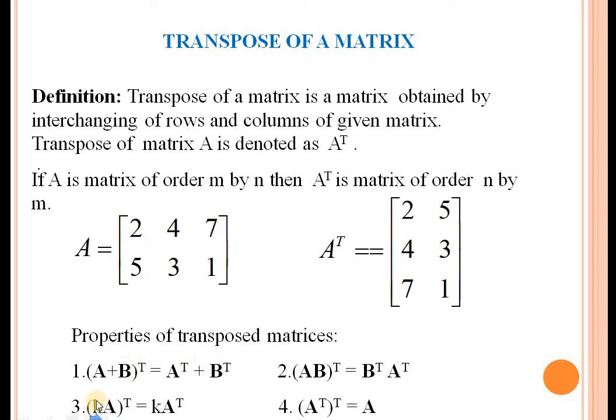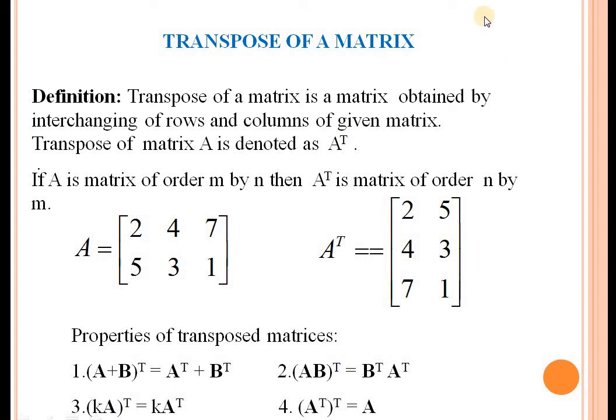Next, if k is a scalar quantity, then (kA) transpose is the same as k times A transpose. And the fourth property, (A transpose) transpose is equal to A. That is, transpose of the transpose matrix is the same as A.